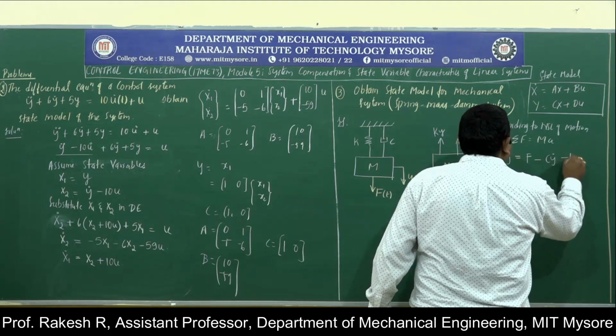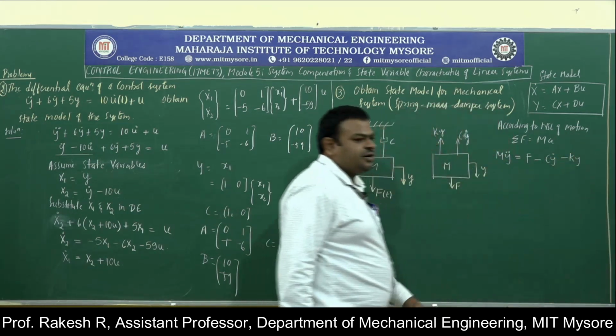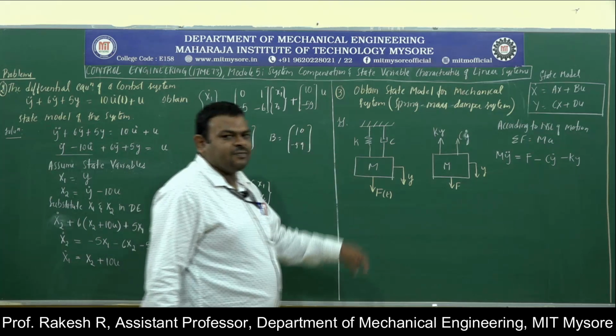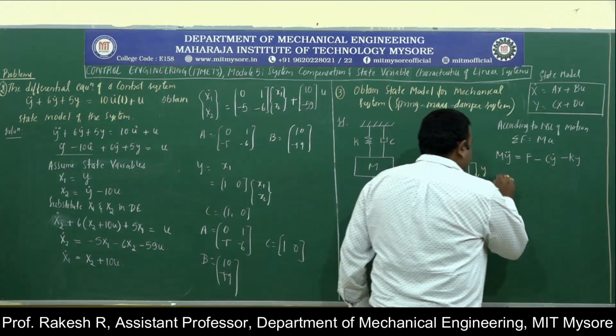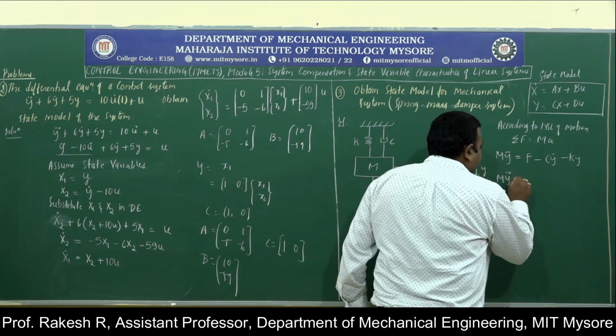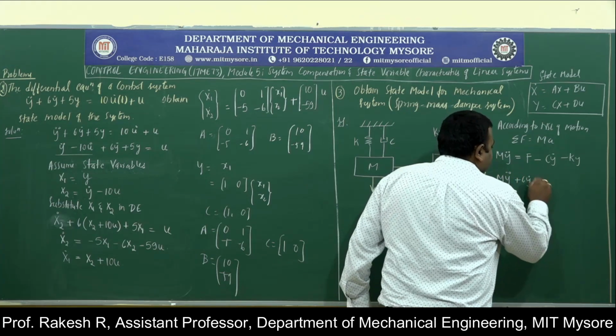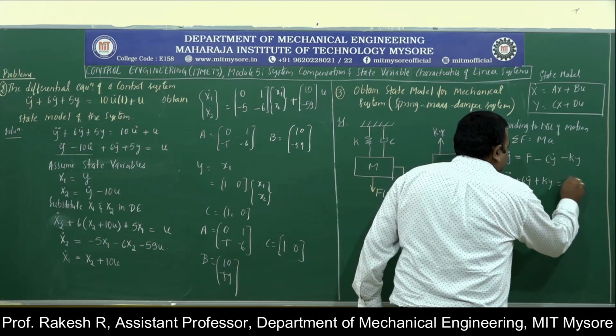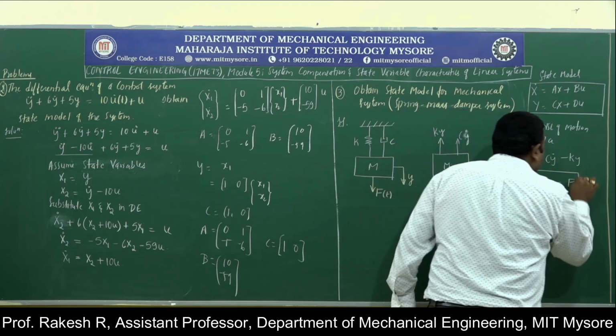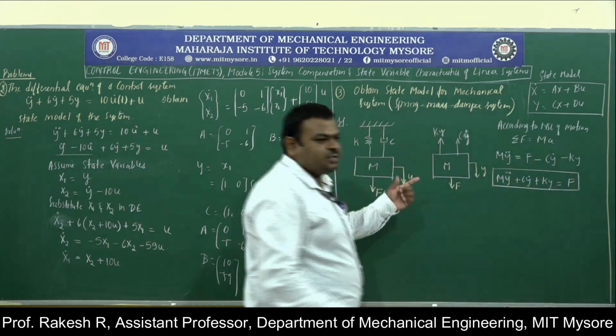C Y dot and K Y are acting away from the displacement. So basically I am writing the differential equation, M Y double dot plus C Y dot plus K Y is equal to F. This is the governing differential equation for this system.